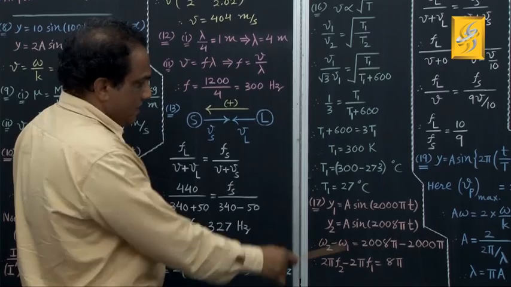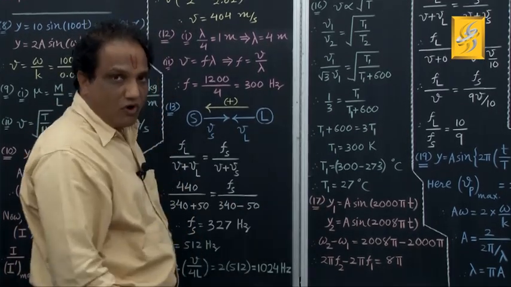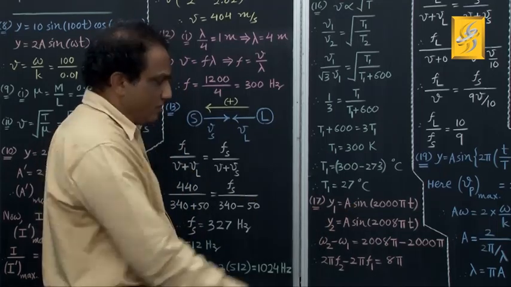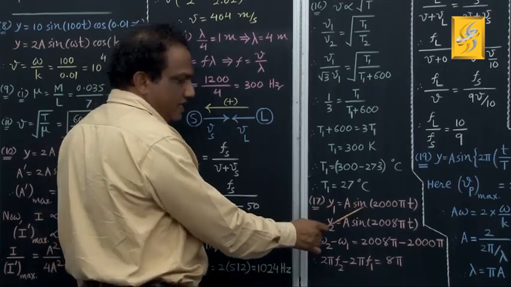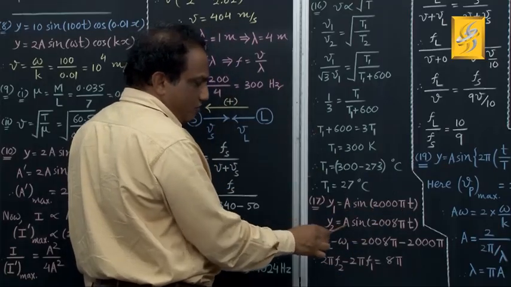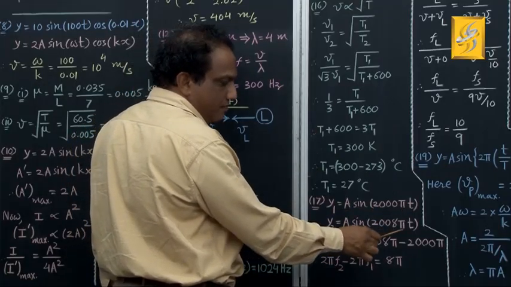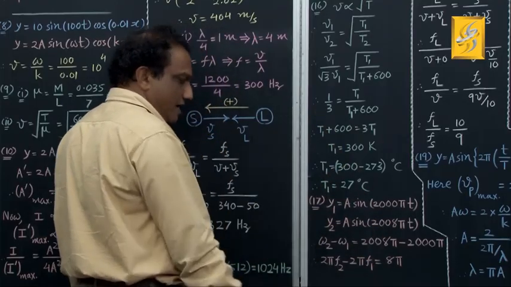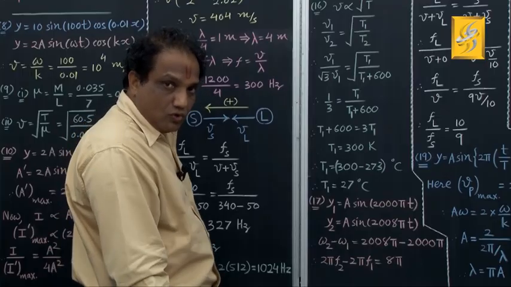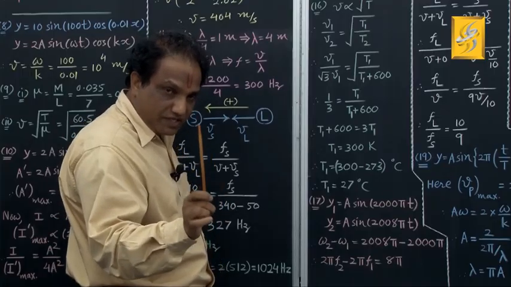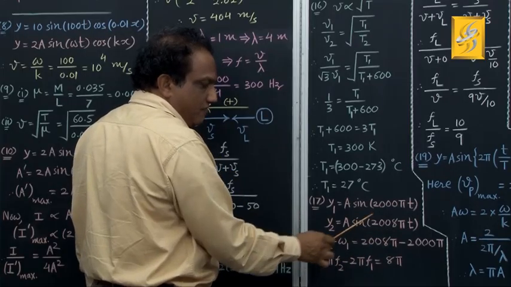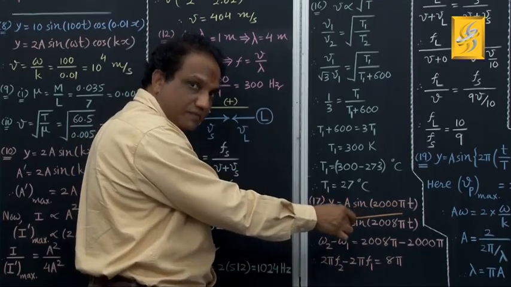Read it? Come on. Equation for the first component wave in the phenomenon of beats. They have given y1 equals a sine 2000 pi t. For the second wave, y2 equals a sine 2008 pi t. Fine. And now, let us find omega 2 minus omega 1. Don't you know omega means angular frequency? It is nothing but the coefficient of time in the bracketed part of a periodic function in terms of time, correct?